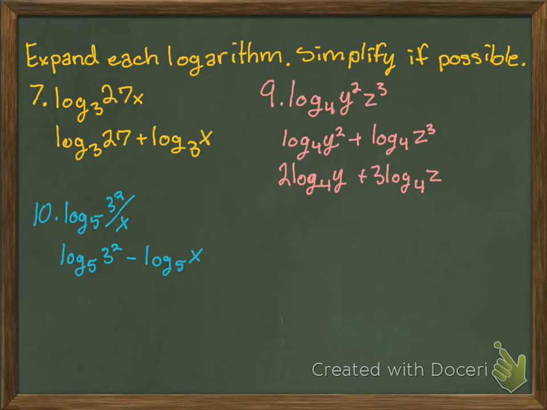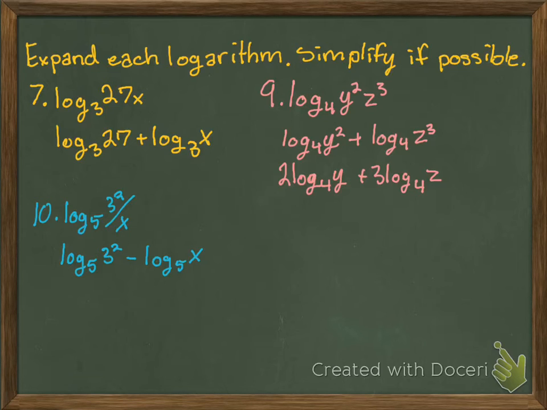Now I have log base 5 of 3 squared. Ty, tell me what's going on with that one. On number 10, we've already split out the x and gotten it to log base 5 of 3 squared minus log base 5 of x. What happens with that 3 squared? What does that 3 have?